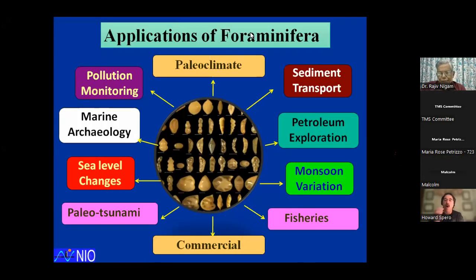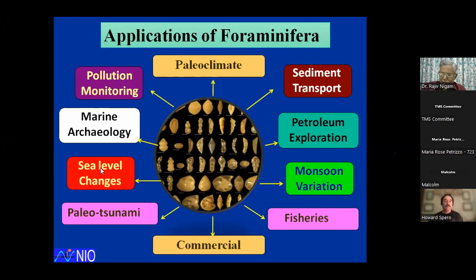Because of this sensitivity, we have used the foraminifera in a variety of applications. They are paleoclimate, sediment transport, petroleum exploration, particularly in our area, monsoon variation, which largely controls agriculture and fisheries, some commercial applications, designing, how to get the record of past tsunamis, and sea level changes.